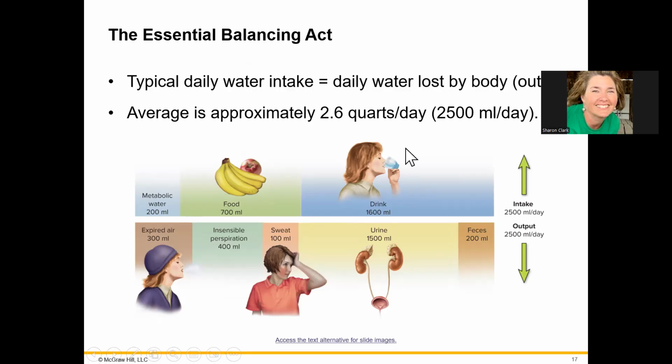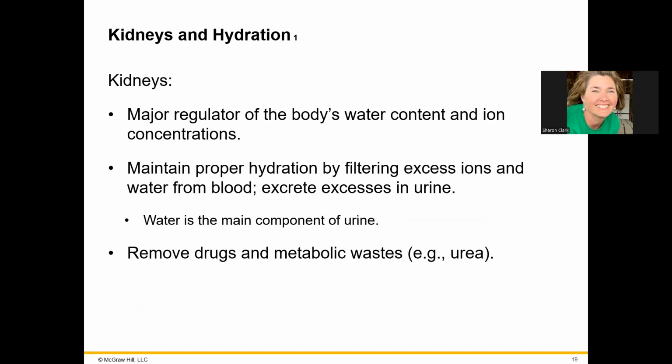And also, there are certain things that we eat, such as calcium, or caffeine and alcohol and things like that, that can increase our water output as diuretics, as we will see here in just a little bit.